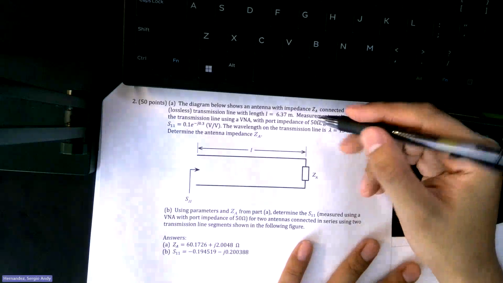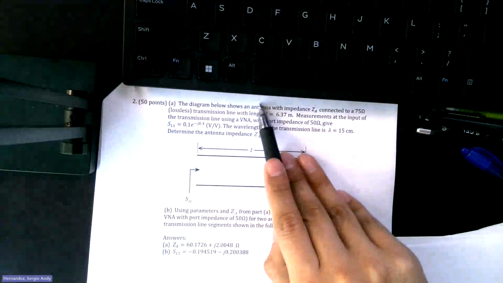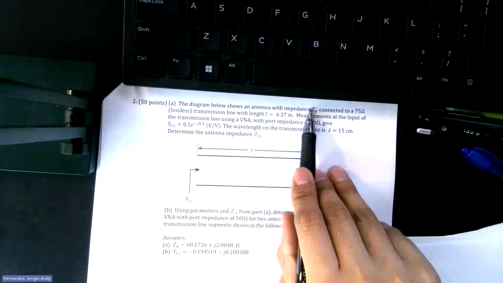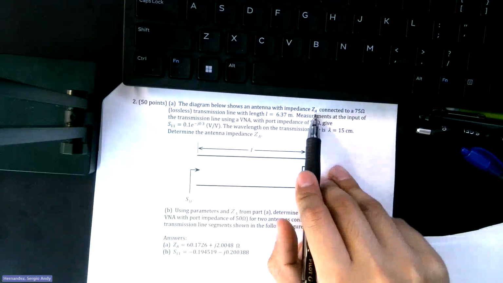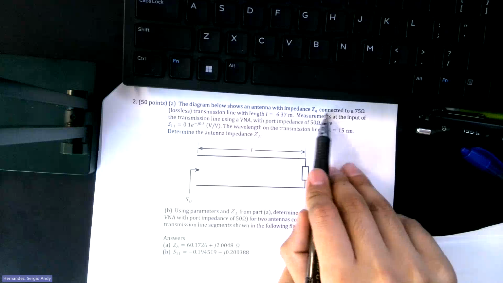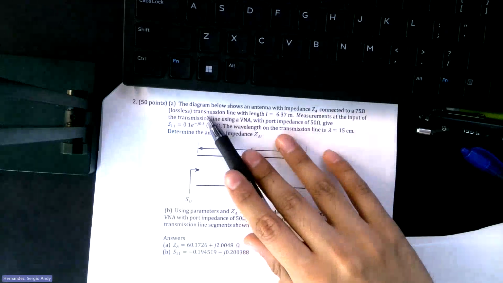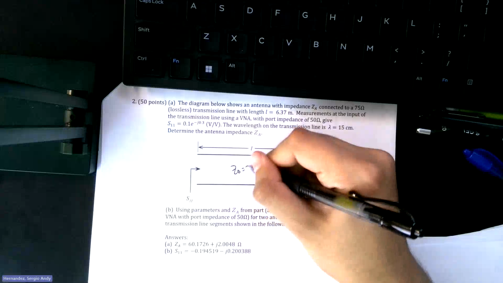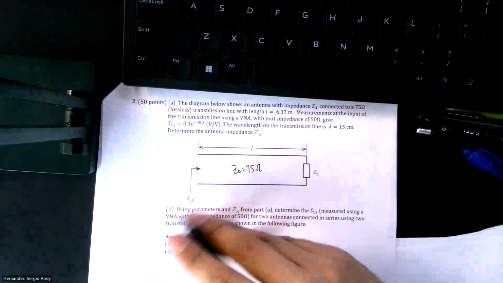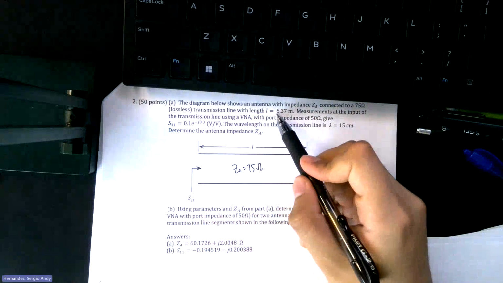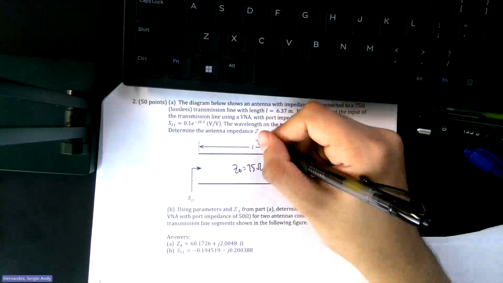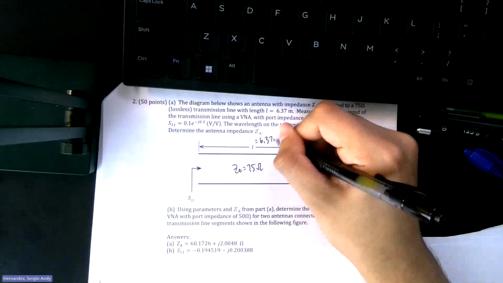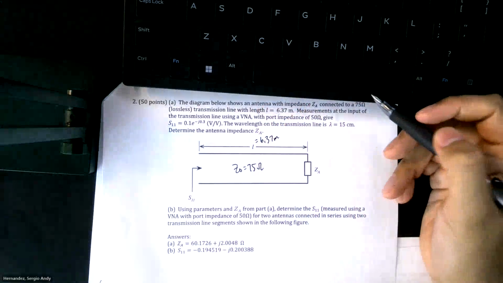So for this one, he tells you the diagram below shows an antenna of impedance ZA, which is ZL, same thing, connected to a 75 ohm lossless transmission line. So characteristic impedance is equal to 75 ohms. Length is 6.37 meters.